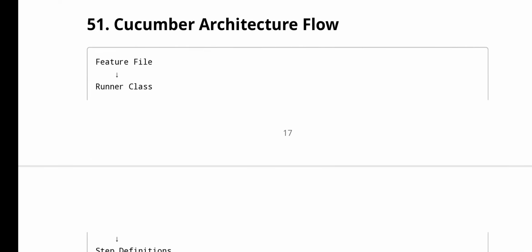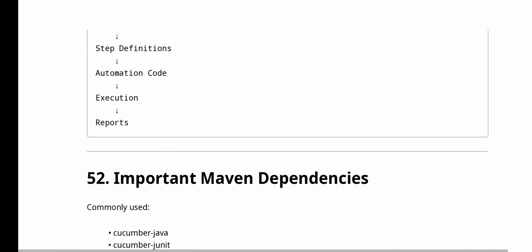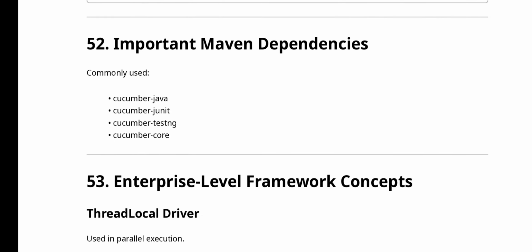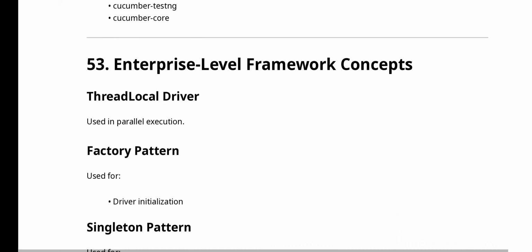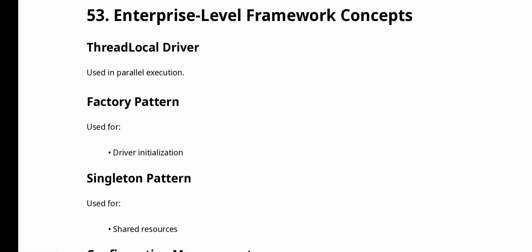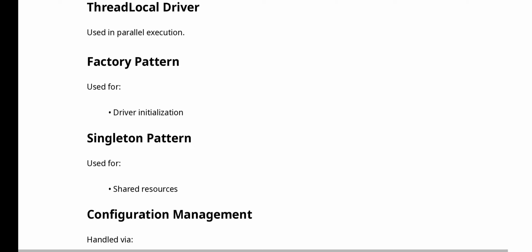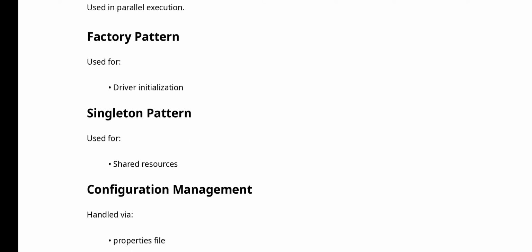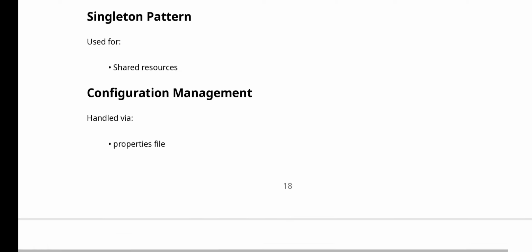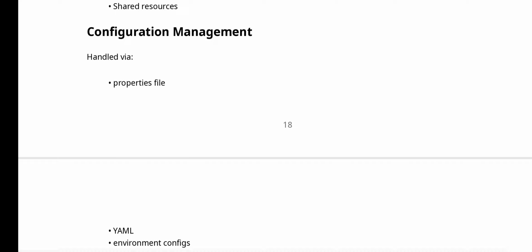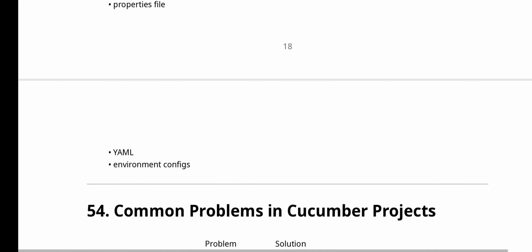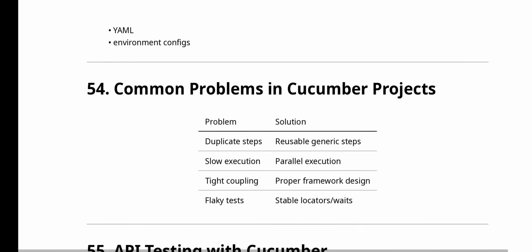Okay, and then next comes the Cucumber architecture flow. Okay, and then we have talked about the important Maven dependencies, and then we have talked about the enterprise level framework concepts like thread local driver, which is used for parallel execution, and the factory pattern used for driver initialization basically, and singleton pattern usually used for shared resources, configuration management, like we have handled the configuration via properties file, YAML files, and environment configurations.